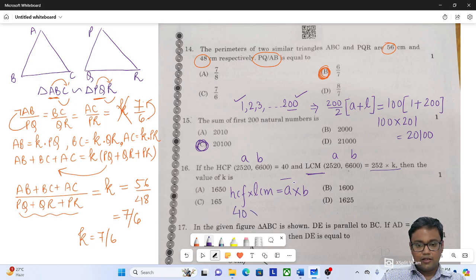So 40 into LCM, 252 into K, is equal to the two numbers का product, right, 2520 into 6600. So some cancellations can easily happen. 0 से 0 cancel हो जाएगा, 252 completely demolishes 252, and 4 is a factor of 6600, 4 ones are 4, 6 are 4, 5s are, and 4 zeros are, right? So A is the right option.